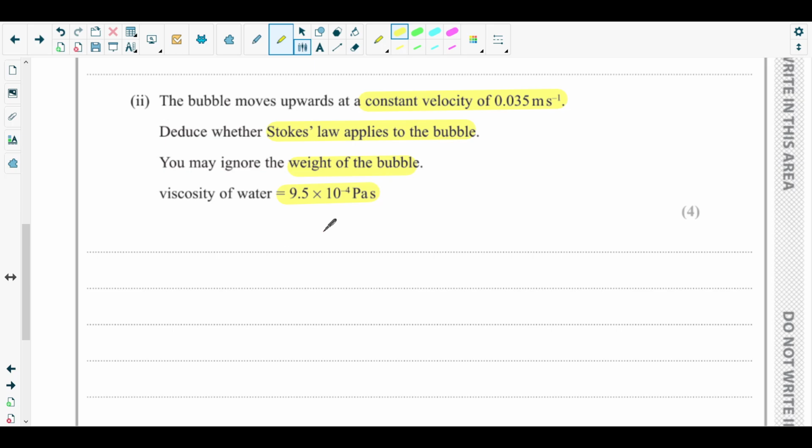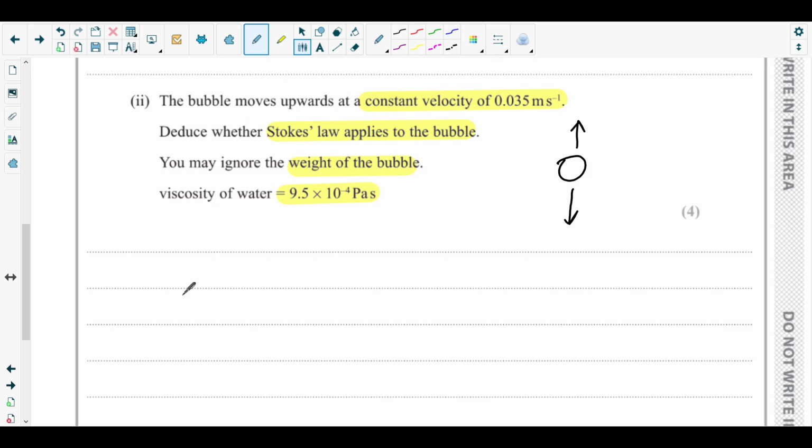Since we are ignoring the weight, the upthrust is equal to the drag force. The bubble has upthrust in the upward direction and drag force in the downward direction, so F drag will be equal to the upthrust.